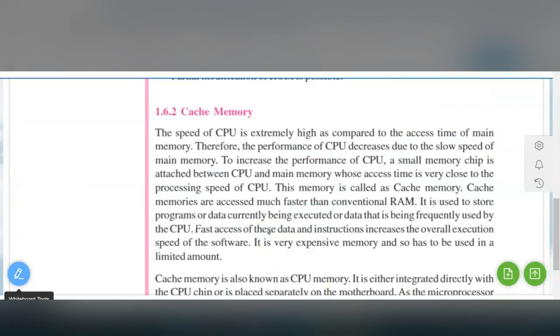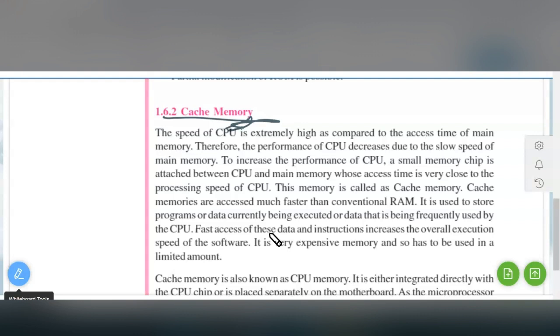Next topic is cache memory, 1.6.2. The speed of the CPU is very high, but the access time of the memory is not that high, so the performance of the CPU decreases due to this.